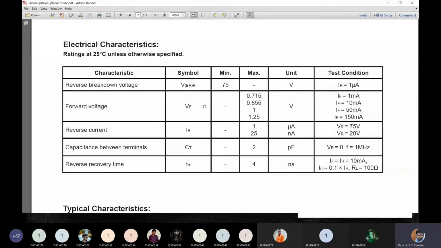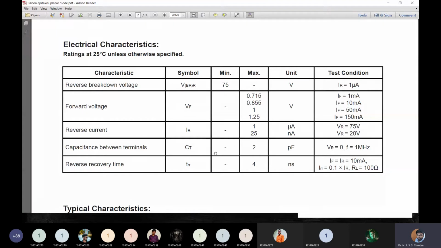Here you can see the forward voltage, with test conditions given. At a forward current of 1 milliampere, the maximum forward voltage is around 0.715 volts. If the current is 10 milliamperes, you may go up to 0.855 volts. At 50 milliamps, the voltage required is 1 volt. At 150 milliamps, it is 1.25 volts.